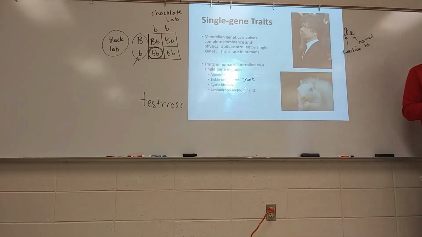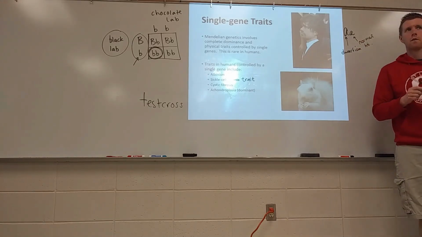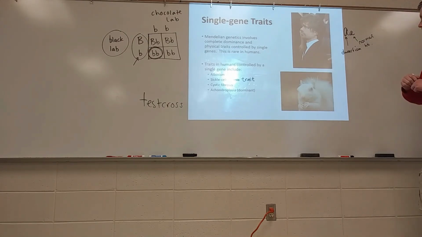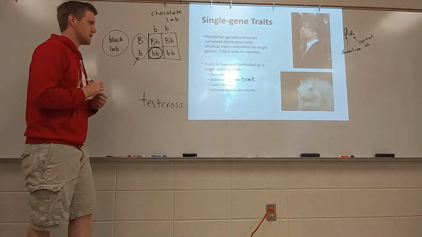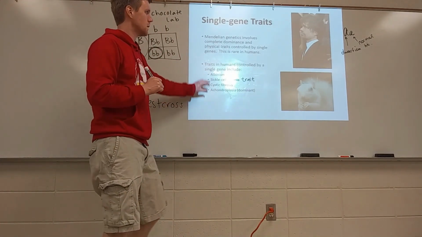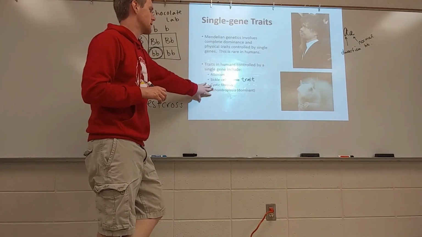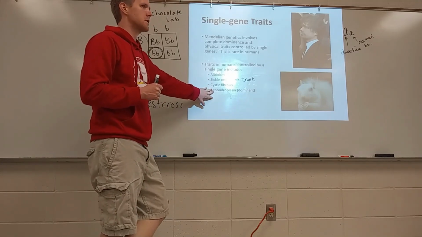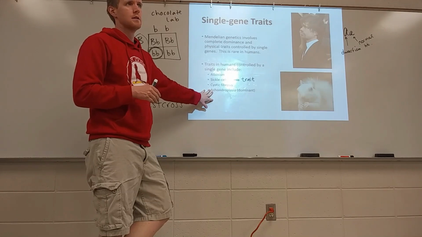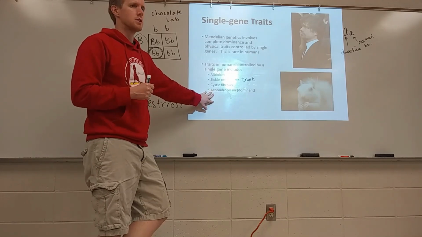The dominant allele is achondroplasia dwarfism. So it's unusual for a lot of these single-gene traits to have the condition be the dominant allele. Part of the reason why it is for this one is because achondroplasia is not a harmful condition to have.